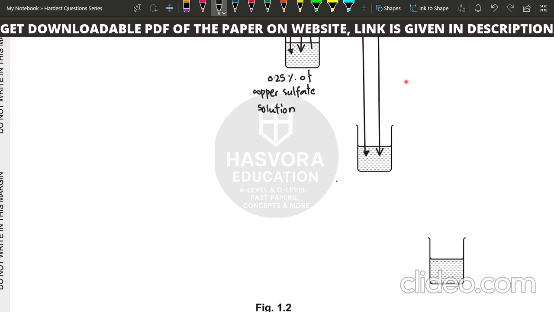This will be 0.125% copper sulfate solution.